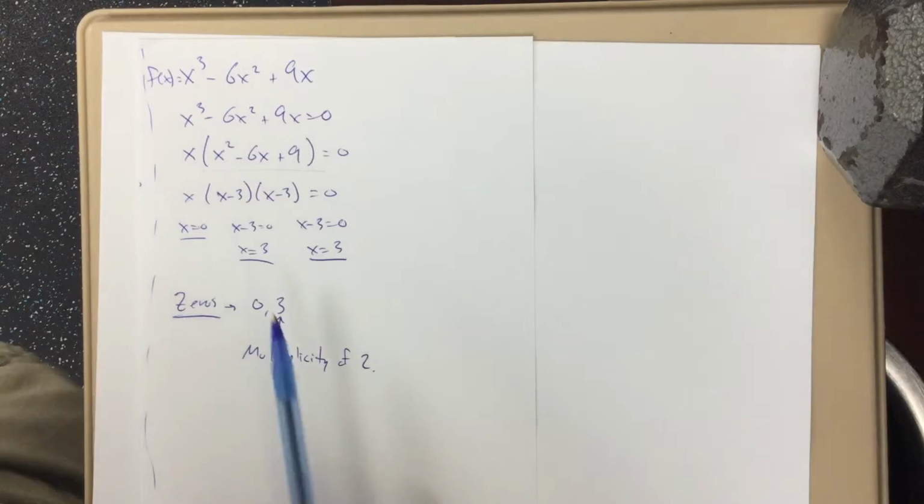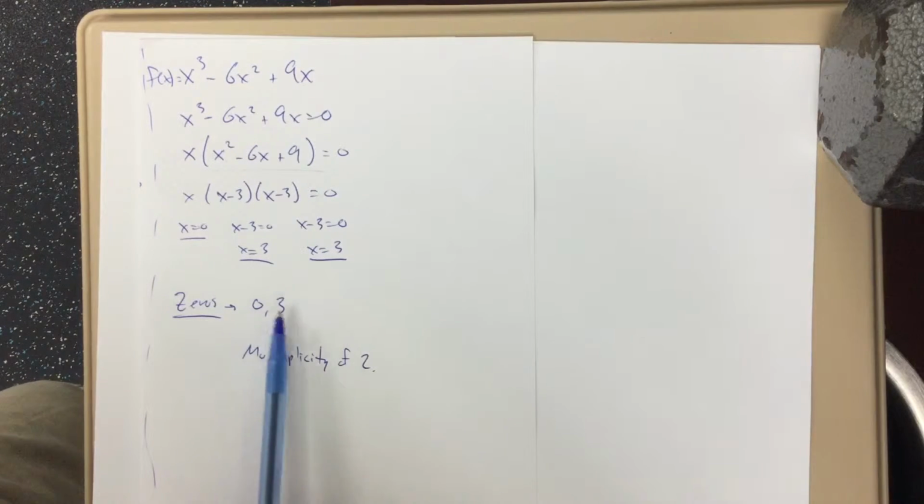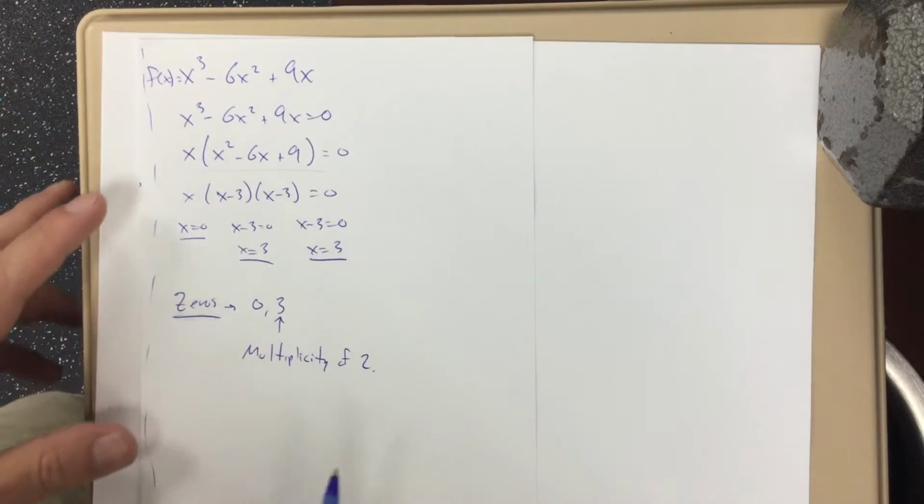It showed up 2 times when we factored it all out. So there's our 3 zeros, 1 here and 2 here. Because 0 has a multiplicity of 1 and 3 has a multiplicity of 2. Okay, now what does that mean for the graph of this? Here's how it works.